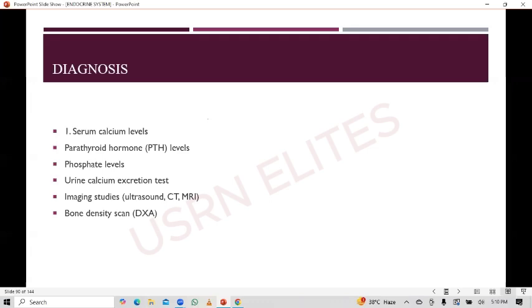The diagnosis. By diagnosis, first we have to look out for the serum calcium levels, right? So I made mention that the normal one is 8.6 to 10.2.